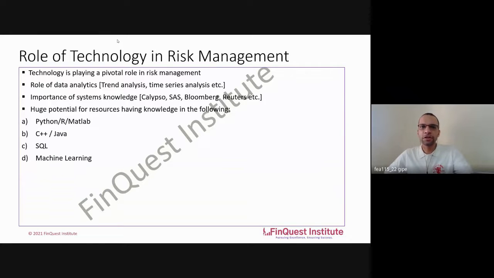Technology is one of the ways in which you can implement these things well, because finally your risk model has to be implemented somewhere, right? It could either be a part of your broader ERS system, or a part of some standalone calculator. But again, you have to use some kind of tech tool which will help you capture the risk which is inherent in a position, and that's why the role of technology has improved.